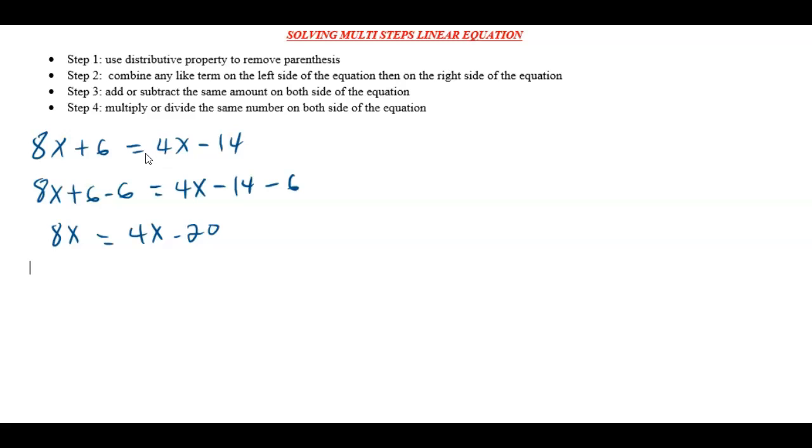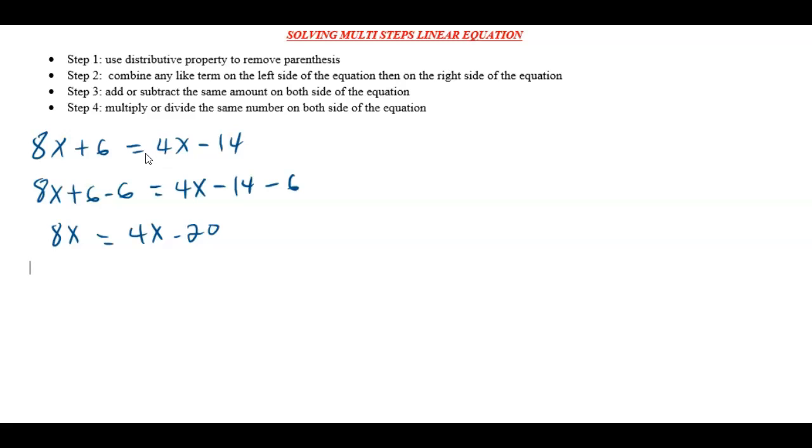Now, we have x here and we also have x here. So we have to move all the x terms to one side of the equation. To do this, we're going to remove this 4x and move it to the left side of the equation with the 8x.